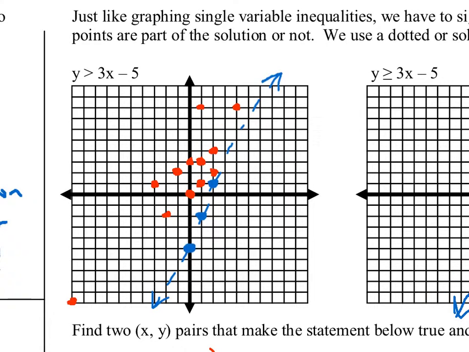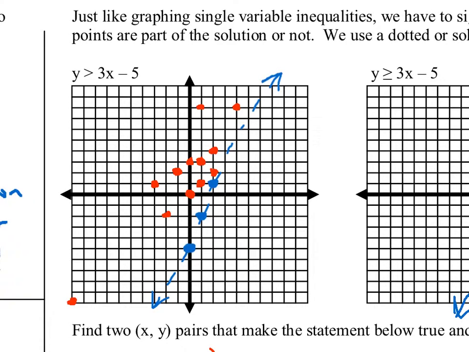So these are the points that we've all already proven are part of this. When we look at it, what do we recognize about all of the points? Where are they? Rebecca. They're all on the same side of the line.